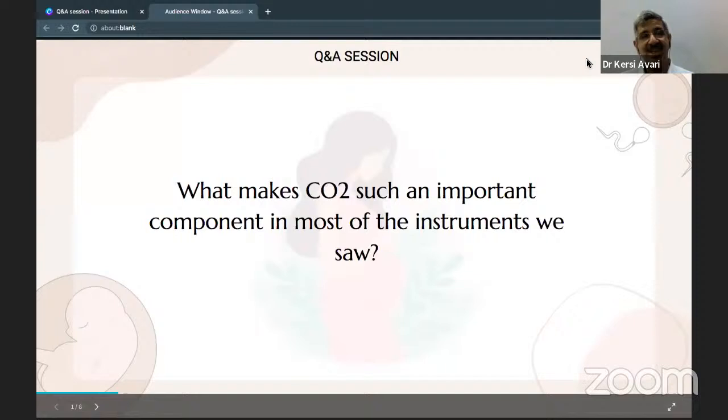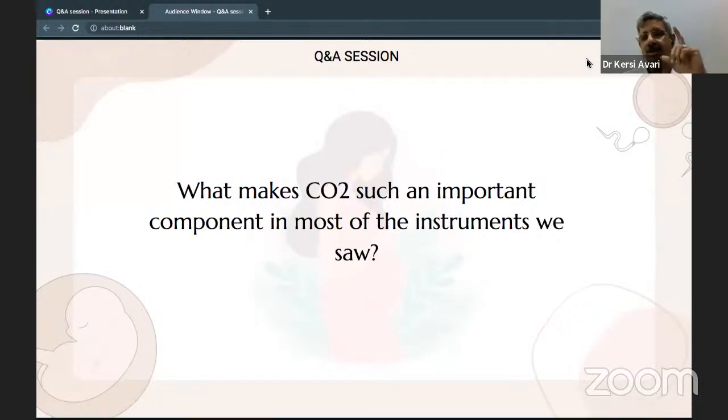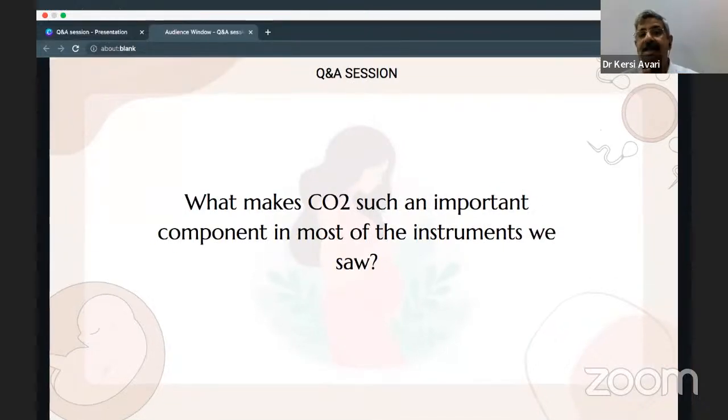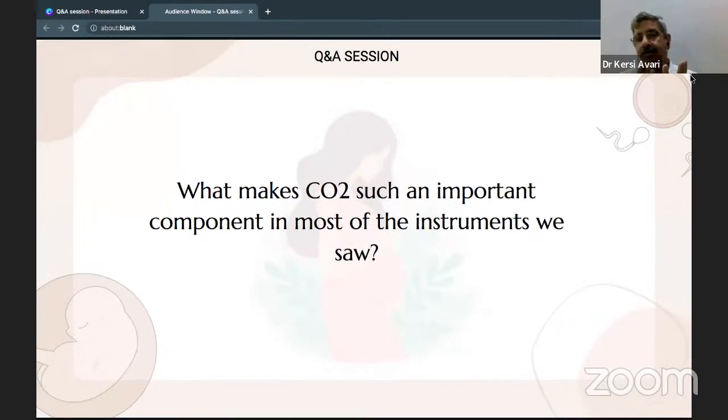Yes, sir. See, carbon dioxide is very important because when you are utilizing the media, now media are of two types, HEPES based and carbon dioxide bicarbonate based. Now, when the media incorporate amino acids, proteins, essential, non-essential, and carbohydrates, they need to be chemically primed. Now, chemical priming is what? It's a long topic in itself, but I will try to shorten it up.